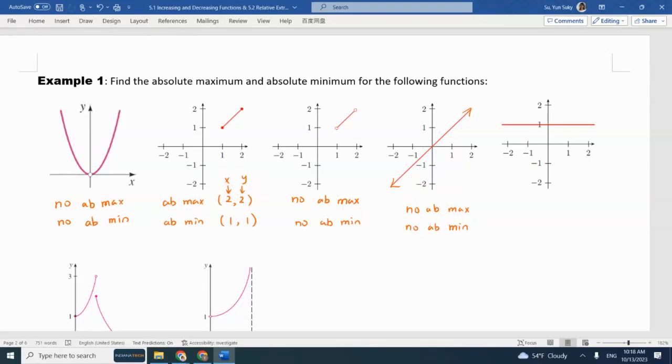You can say the absolute maximum is (x, 1), where x is in all real numbers, and it's also equal to the absolute minimum. Or you can just say every point is both an absolute max and an absolute min. We can also say that.